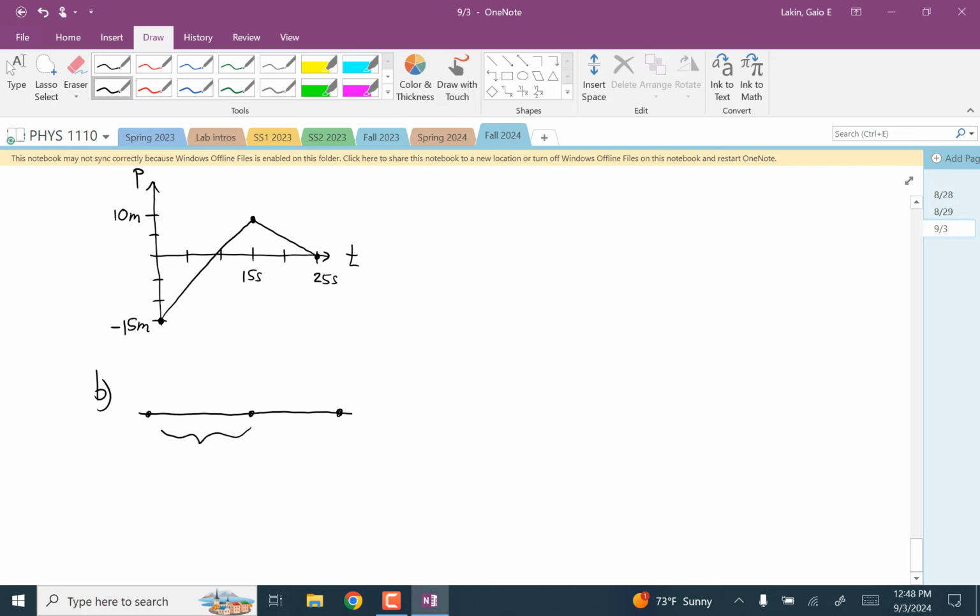We know the distance between these is 15 meters. The distance between these is 10 meters. And we know the motion goes from here to there to there. And we know this part takes 15 seconds and this part takes 10 seconds.